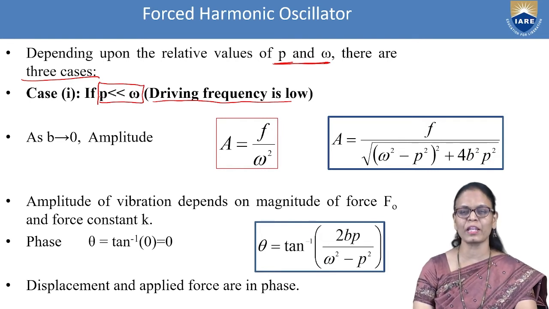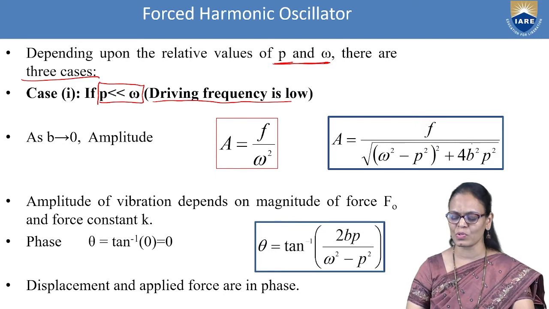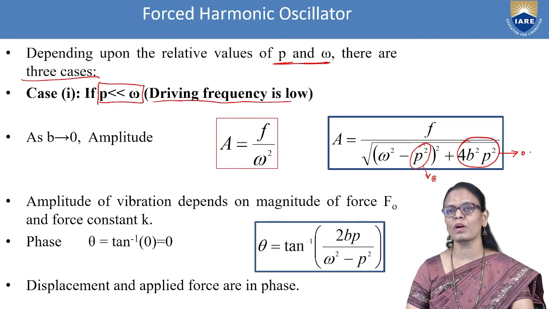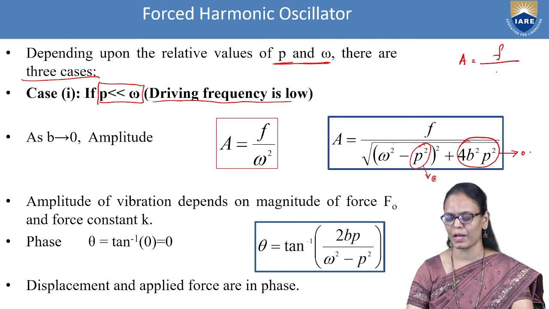So p is very much less than omega, so this term can simply be neglected. And here also this term can be neglected. So what we have here is A is equal to F by under root (omega square) whole square.